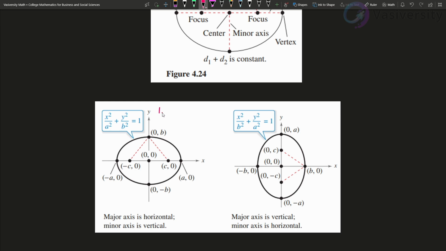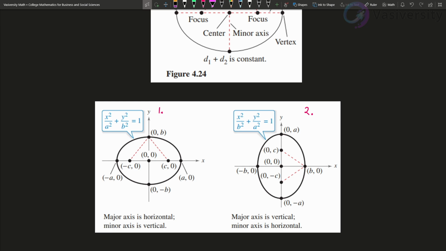So this is x here. This is case 1, case 2, as we talked about previously. We also know that we have the focus points, and focus points are located on the major axis. So you can see that for the first case, we have it on the x-axis. Second case, we have it on the y-axis.